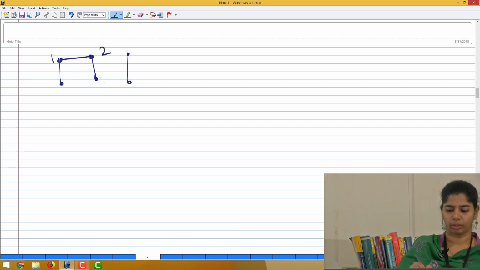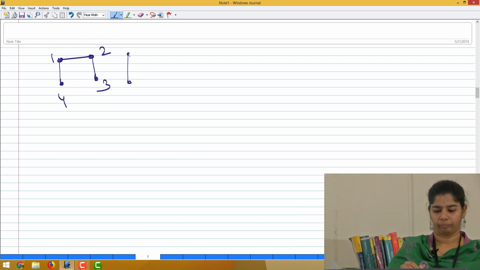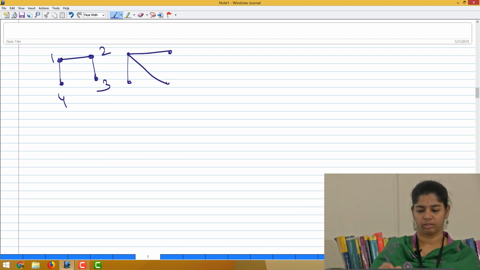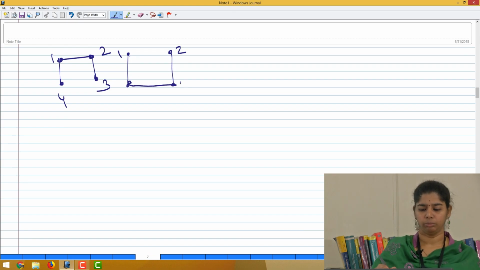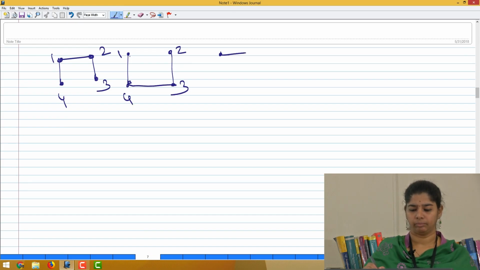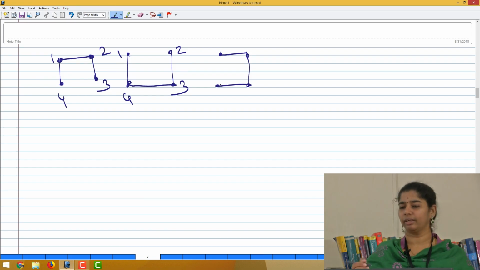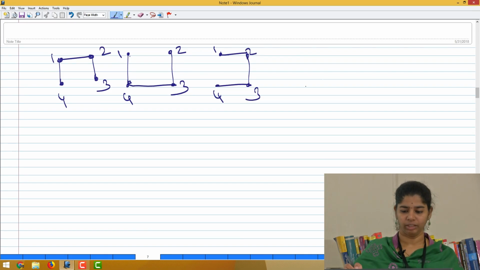So, this is 1, 2, 3, 4. This is 1. Okay, I will just write all the tree possibilities. This is 1, 2, 3, 4. 8 is there, right. So, all are convinced. Which one did I leave?